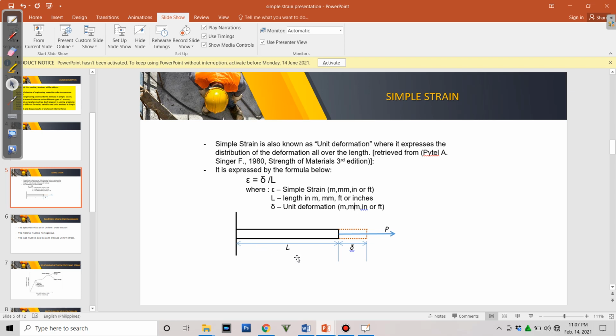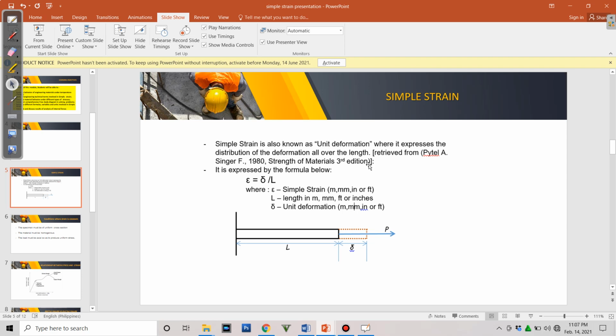As we can see here in the figure, this structural member was subjected to a deformation with the application of P. Therefore, P here will cause a stress on the member, and if it causes a stress on the member, it will cause a strain, or the simple strain, or the unit deformation.